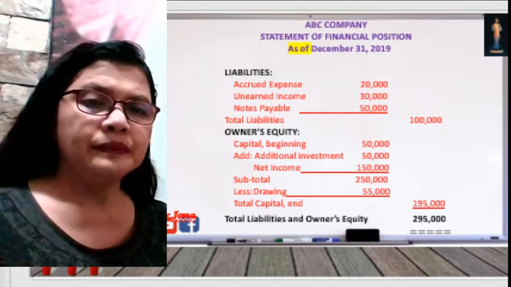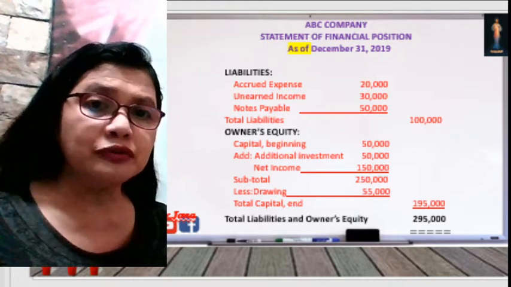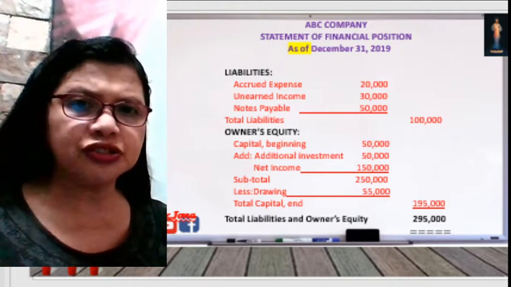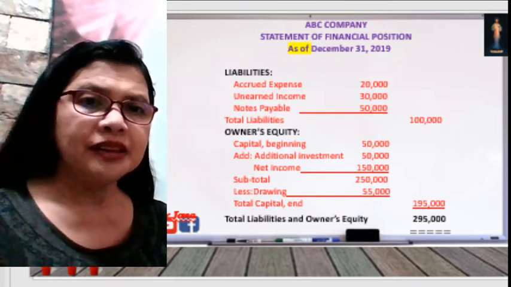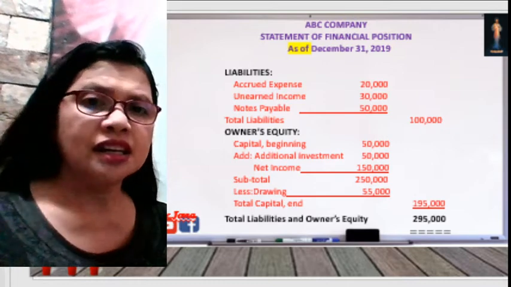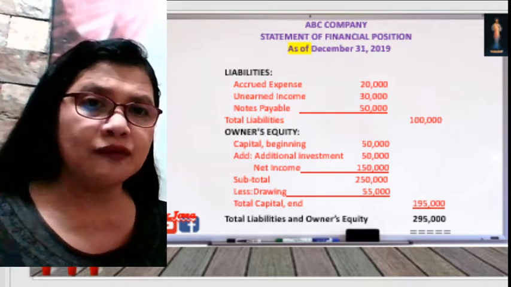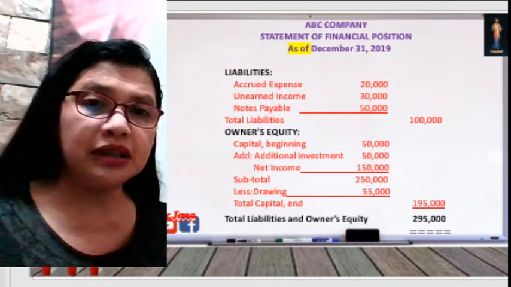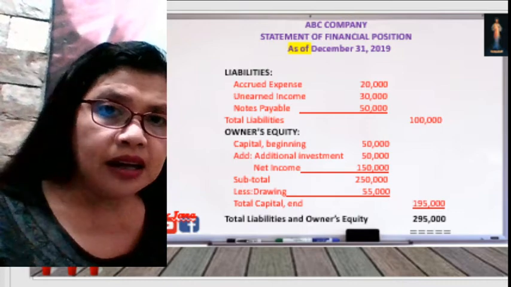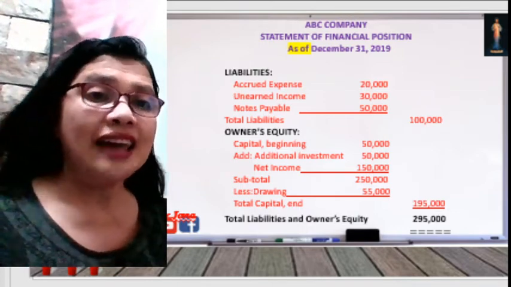The 50,000 capital beginning is, I think, the unknown. Okay? So, to solve for your capital beginning, you have to solve backwards. Knowing that your total assets is 295,000, that will also be your total liabilities and equity. So 295,000, you deduct your liabilities of 100,000, so you have a remaining 195,000 for the equity account.